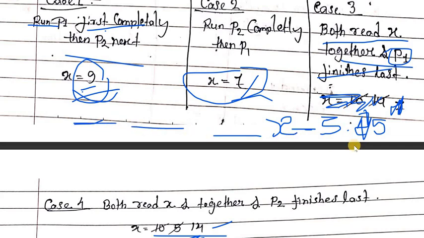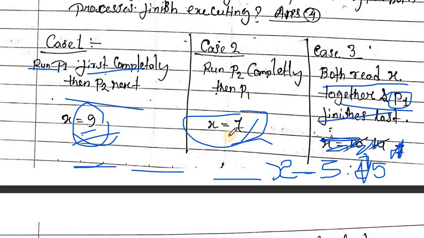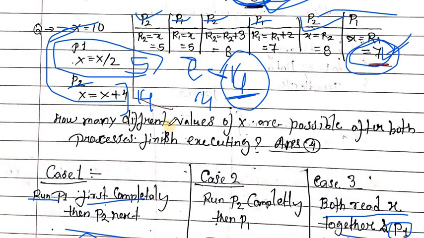If we expect the result to be 9, but your result becomes 7, it's because you haven't provided the sequence of execution.